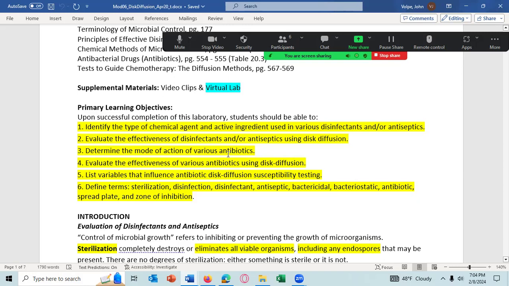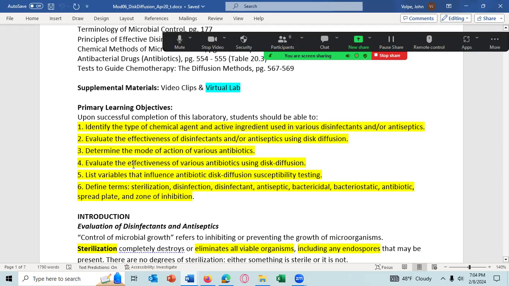3, determine the mode of action of various antibiotics. 4, evaluate the effectiveness of various antibiotics using the disc diffusion method. 5, list variables that influence the antibiotic disc diffusion susceptibility testing. And 6, be able to define the terms sterilization, disinfection, disinfectant, antiseptic, bactericidal agent, bacteriostatic agent, antibiotic, spread plate, and zone of inhibition.